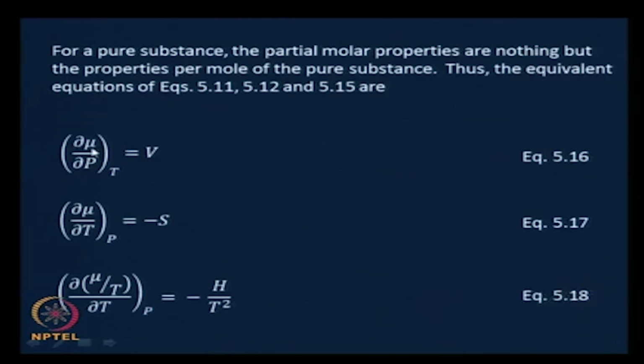Our 5.11 had a μi here and Vi-t-hash here, 5.12 had μi here and Si-t-hash here, with other N's constant, and 5.15 had μi and Hi-t-hash here, with P and other N's constant. Since these are written for a single mole of the pure substance, we can drop all these i's and hashes, because the partial molar property becomes the property per mole of the pure substance.